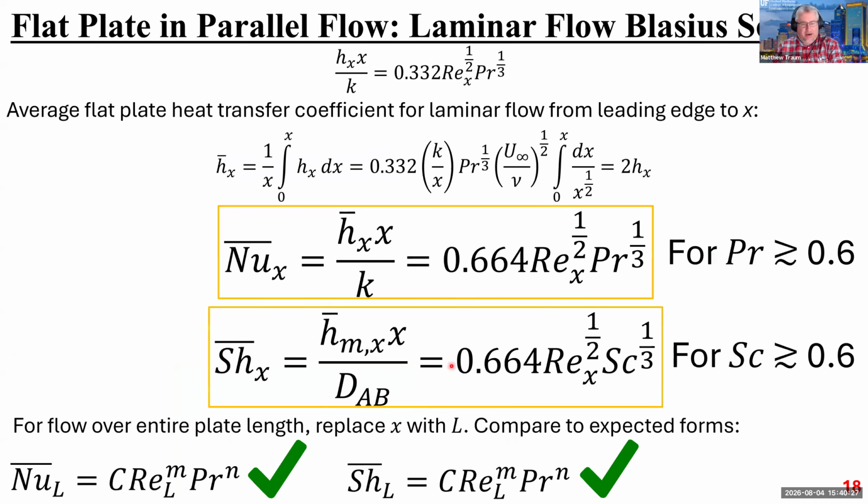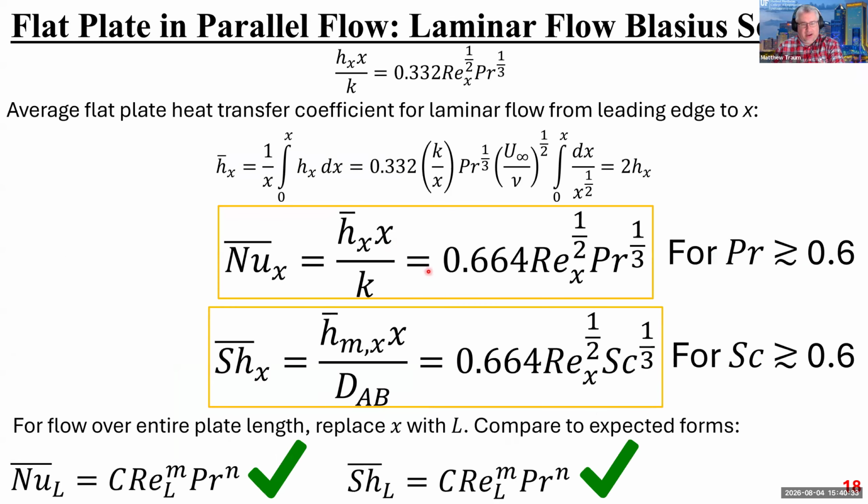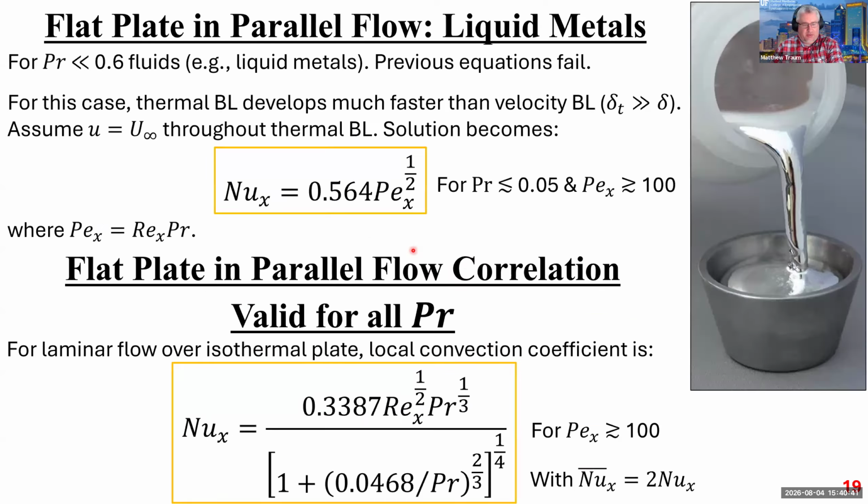This correlation is most often used because it's simple, and it's based on the Blasius solution. So it's actually based on first principles and a derivation rather than experiment. It turns out that there's tons of correlations that stretch over the entire range of Prandtl numbers for Nusselt number, and this is the one that the book gives.